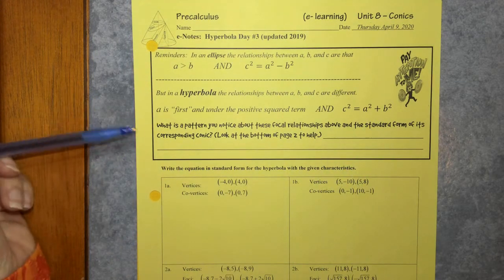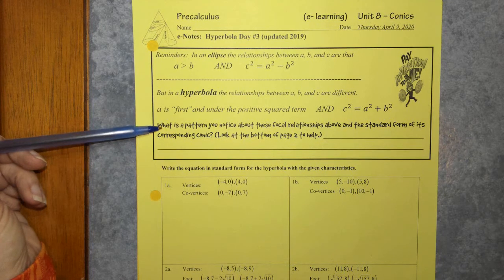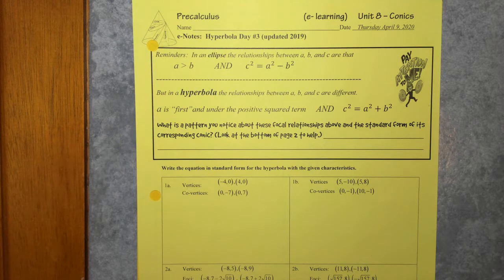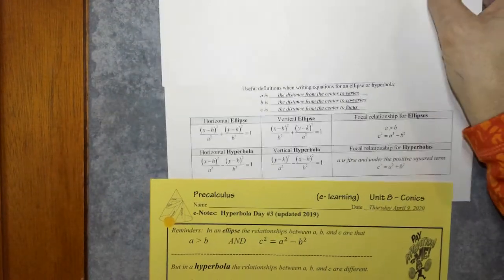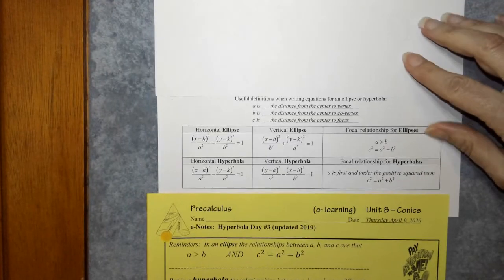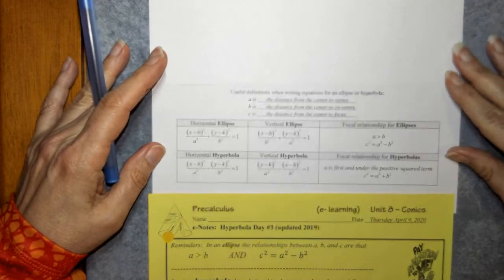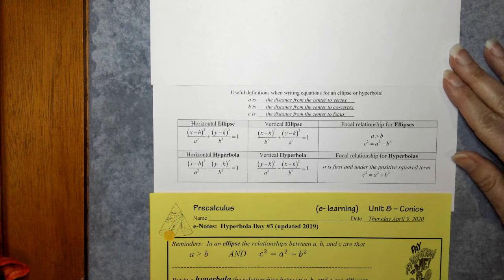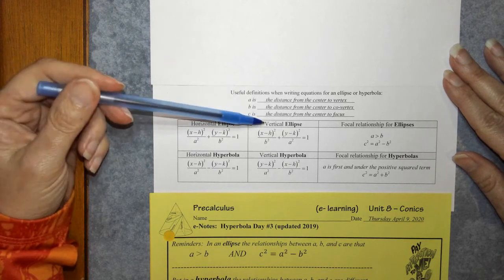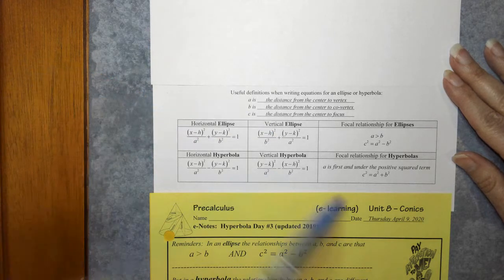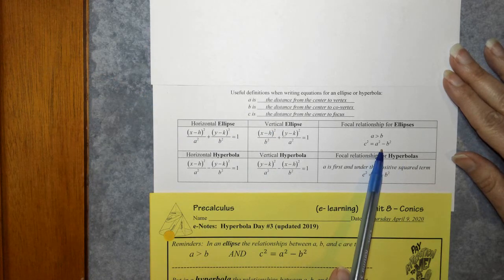But one of the things it says is, what is a pattern you notice about these focal relationships above and the standard form? And it says look at the bottom of page 2 to help. So we'll give you that option, and I'm going to put that on the screen for us right now. So if I take page 2, which is just on a different color because I'm choosing from a different physical copy so you can see both at the same time, you're going to notice that in the ellipse equation you have a plus, whether it's horizontal or vertical, but in the focal relationship you have a subtraction.